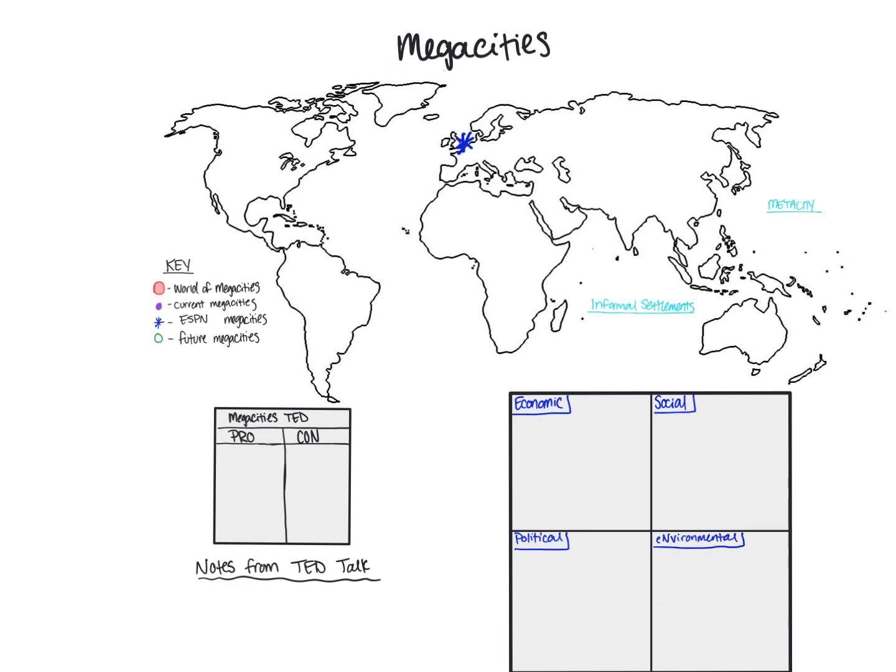So at this point, you should have 4 colors represented on your big map, plus your ESPN chart, plus your pro-con chart, plus your notes. That can all be on the back side if you want to. So then on slide 5 of the presentation, you have another article that is going to talk about megacity and informal settlements.